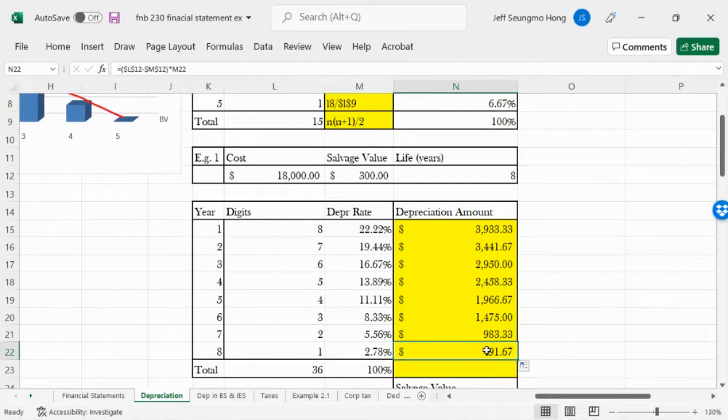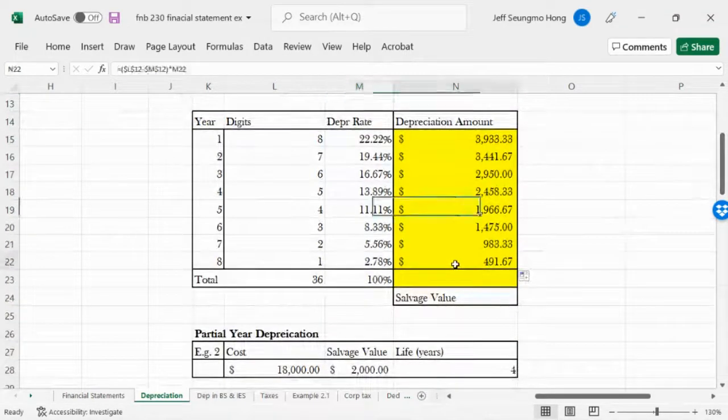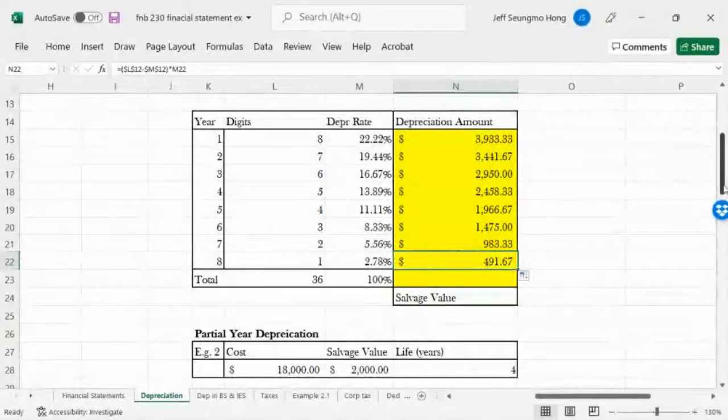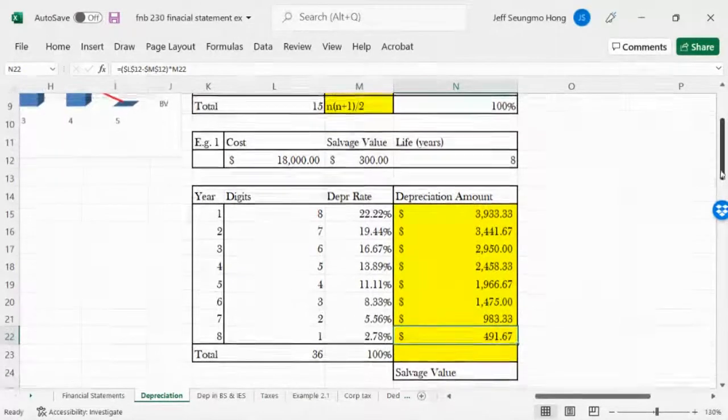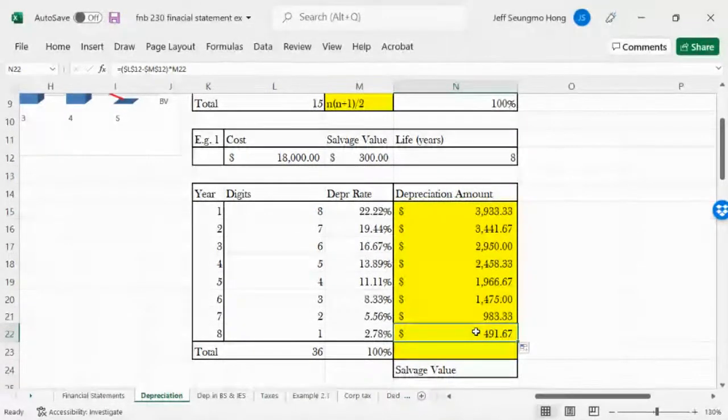And in the last year, actually you need to make adjustments so that the salvage value would be exactly this. You will need to make adjustment. If you don't make adjustment, in accounting they generally seem to accept it, but it is sloppy, right?